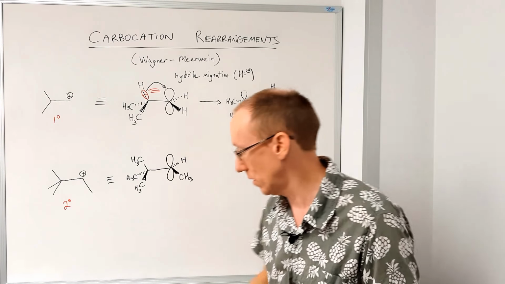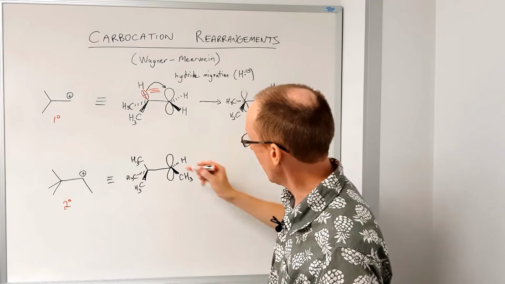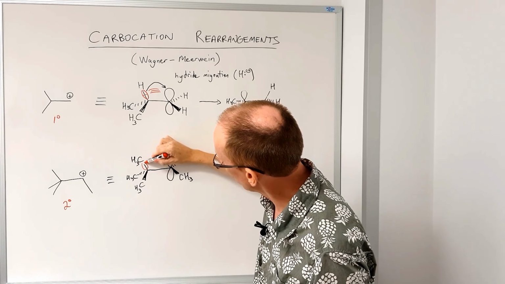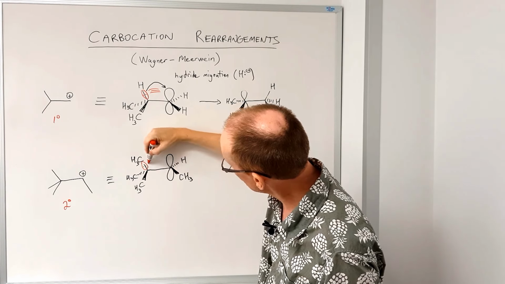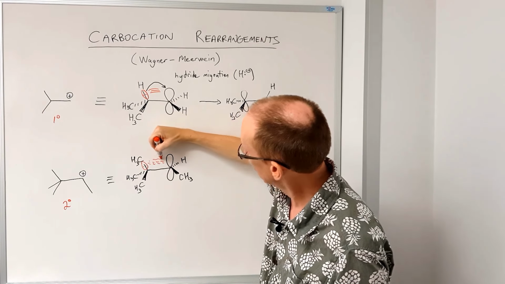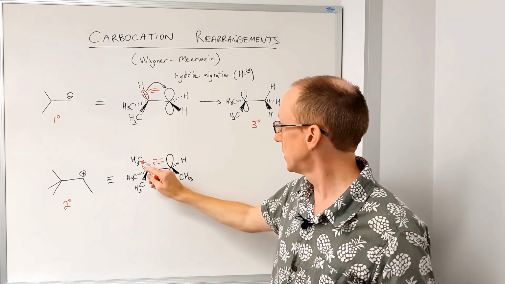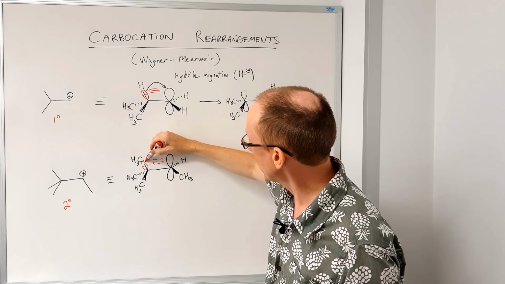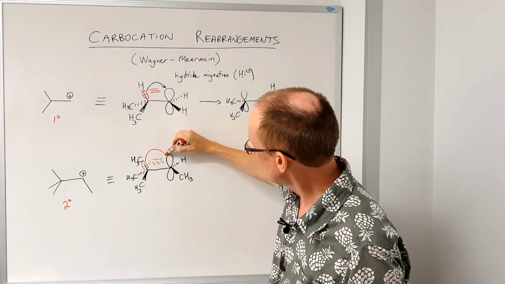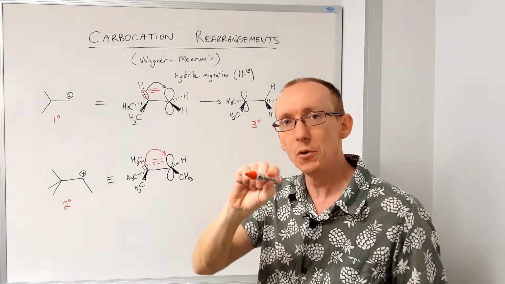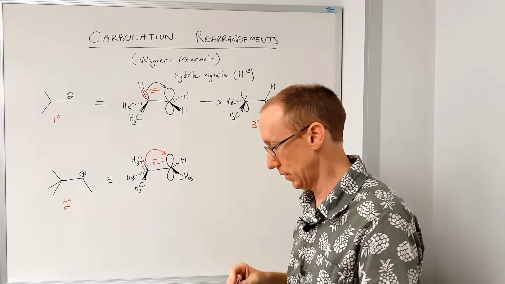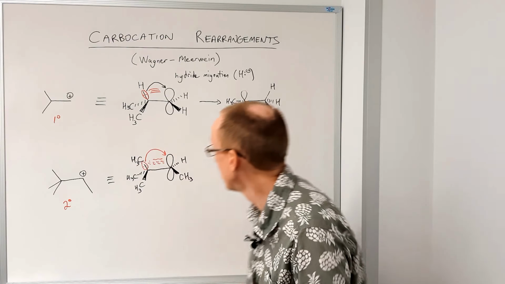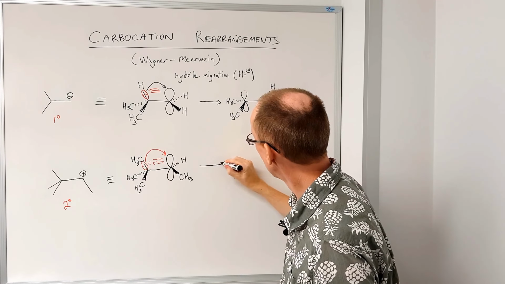And once again, as well as just having overlap between this sigma orbital with its pair of electrons, helping to stabilize that carbocation through sigma to p orbital overlap, we can have that actually migrate across to that position, the methyl group moving with its pair of electrons to form a new carbocation.